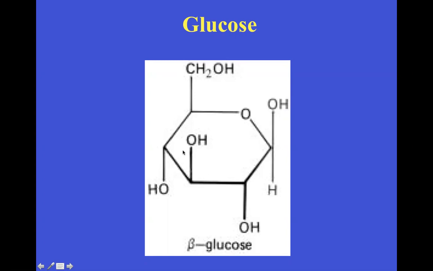So if you count up the number of carbons, we'd have one here, one, two, three, four, five, and then up here you see one, that's six. Okay, so glucose actually is C6H12O6, and we can figure that out also.